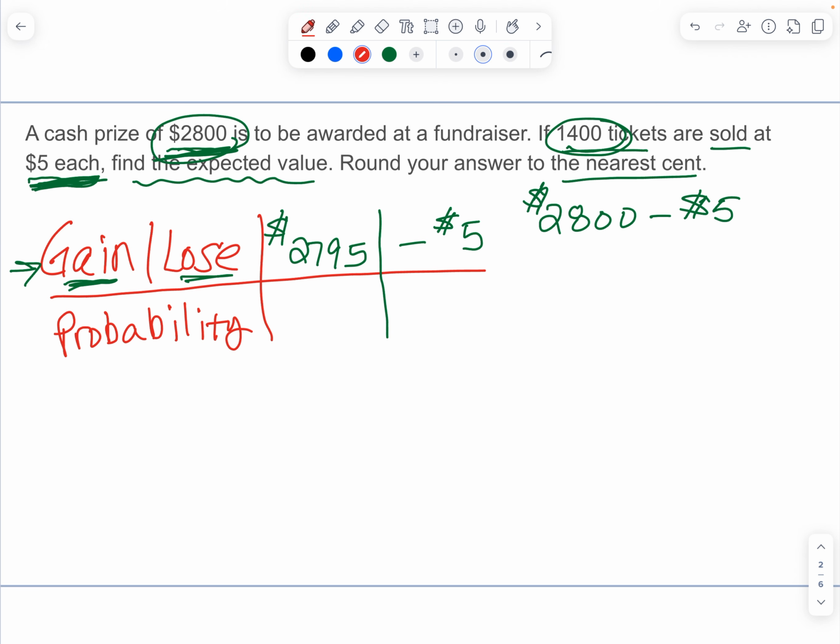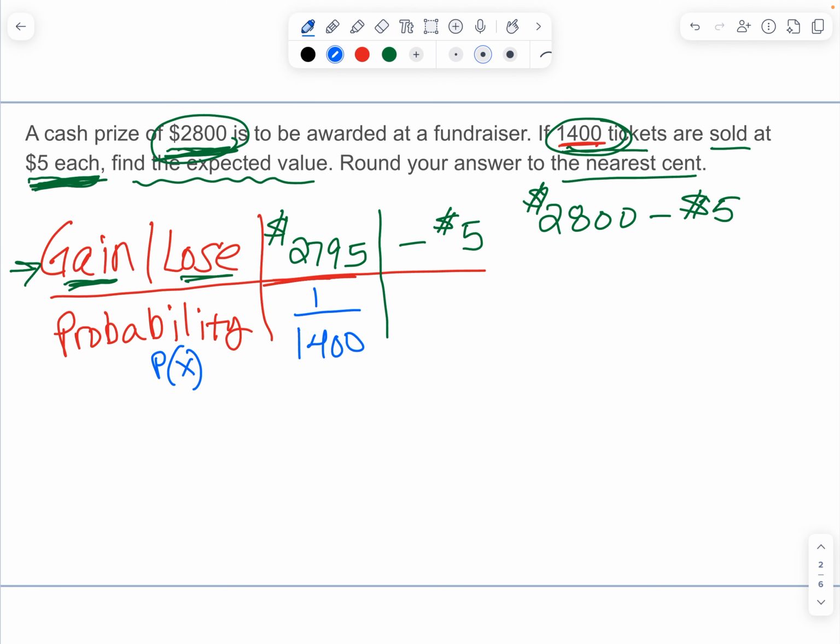Okay, and now what's the probability of winning? So they're going to sell 1,400 tickets. So if you buy one ticket and 1,399 other people buy a ticket, the chance of winning this money is only one chance out of 1,400 chances total. That's your probability.